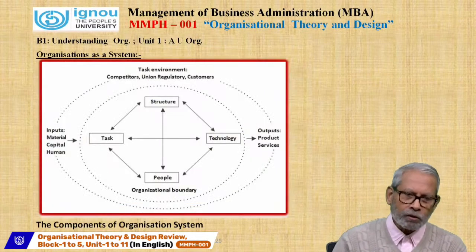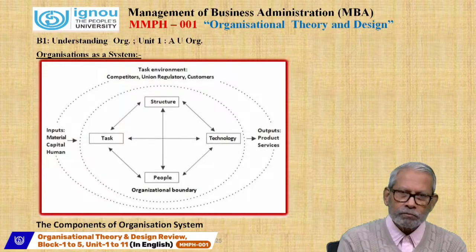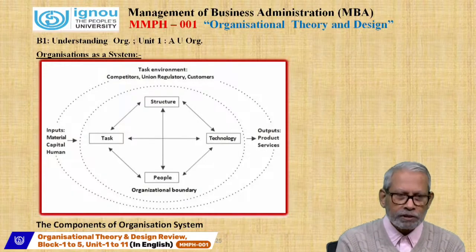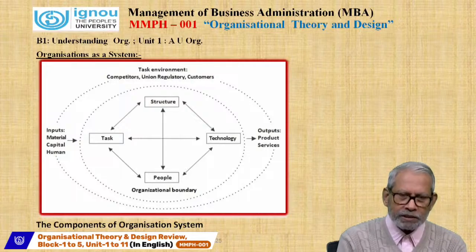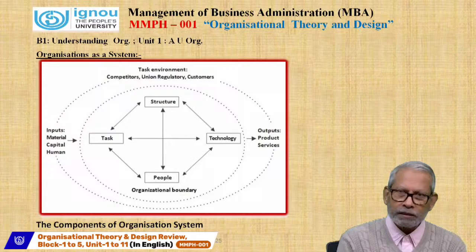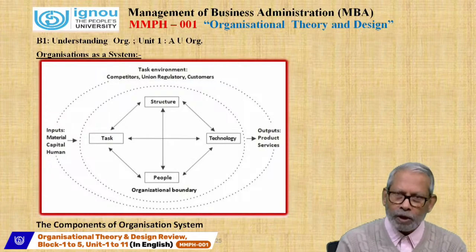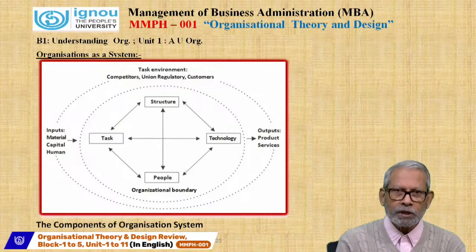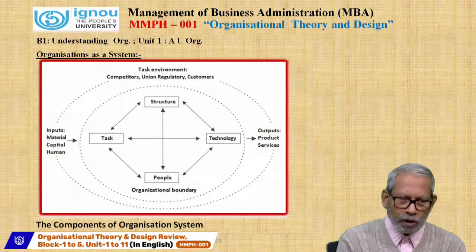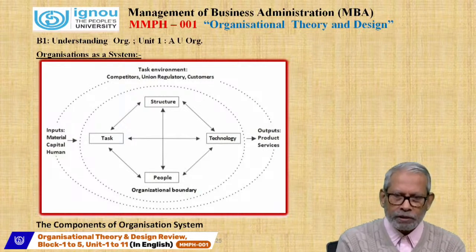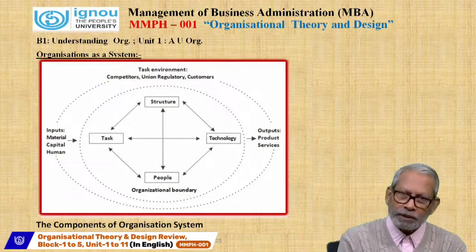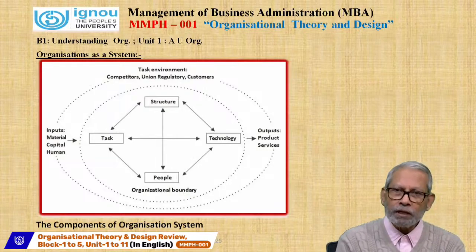Now some of the organizational boundaries, as we have already discussed in an earlier session. There are two parts. One is the internal layers: the structure, the tasks, technology and people. And apart from that, the external boundary is there, where the environment comes into the picture, and the inputs such as materials, capital and human resources.